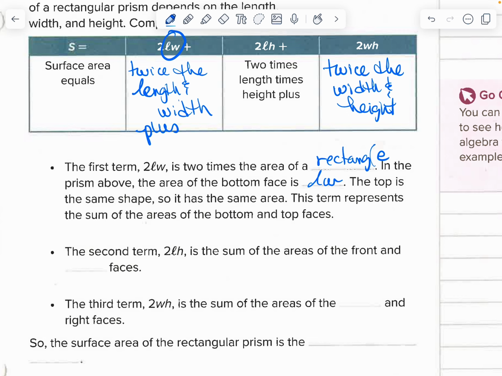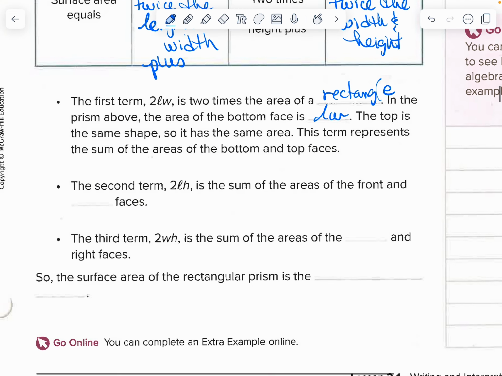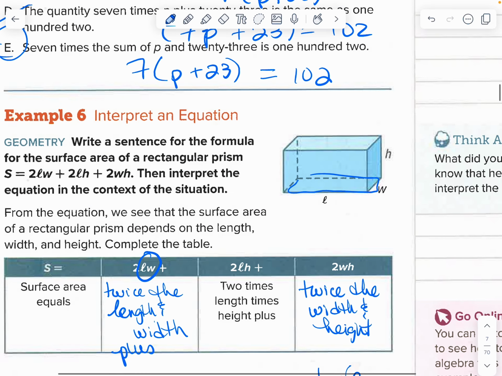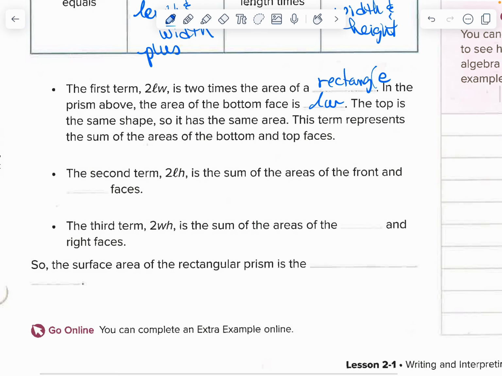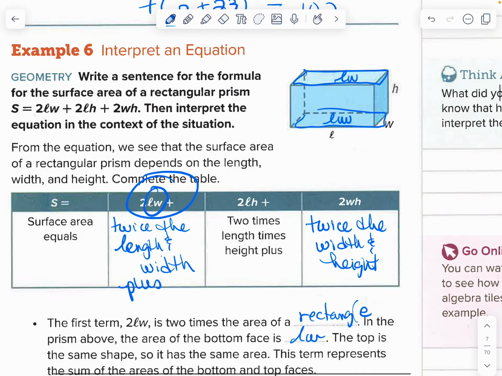The top has the same shape, so it has the same area. This term represents the sum of the two areas. So this part right here is LW. This down here is LW. So if I add those two together, I get 2LW because there are 2 LWs. Same thing happens right here. 2LH is the front.